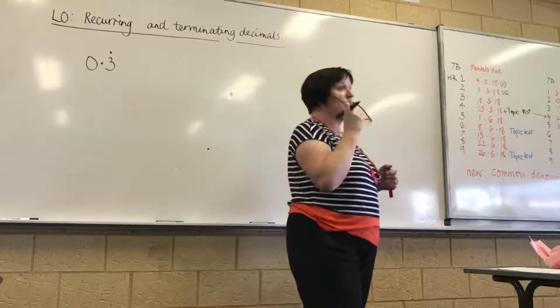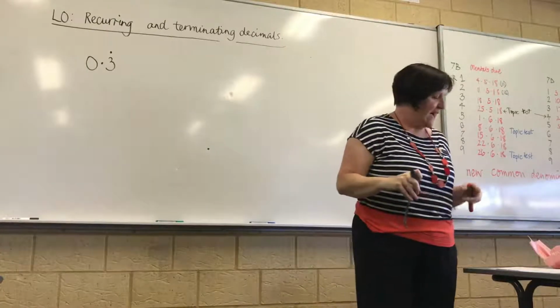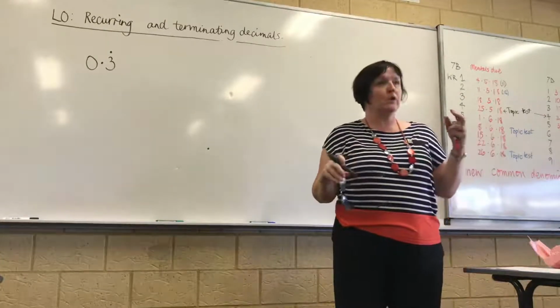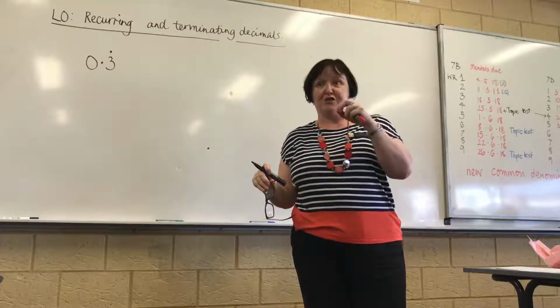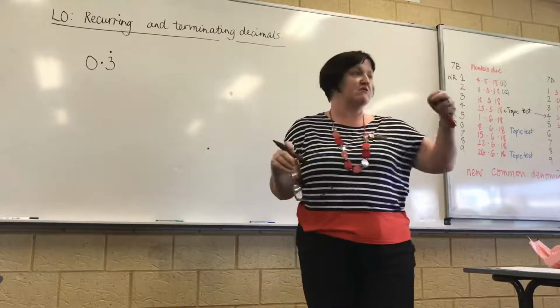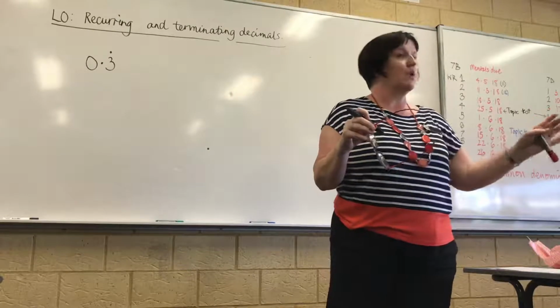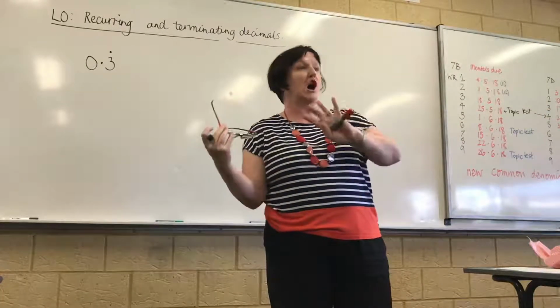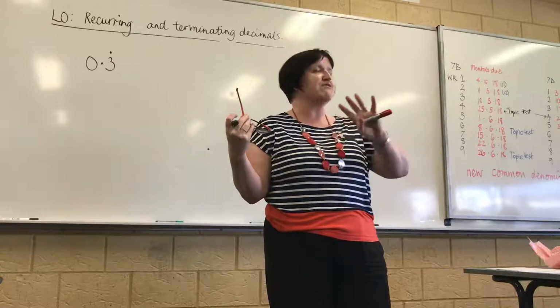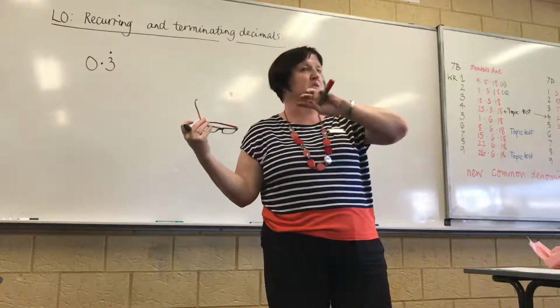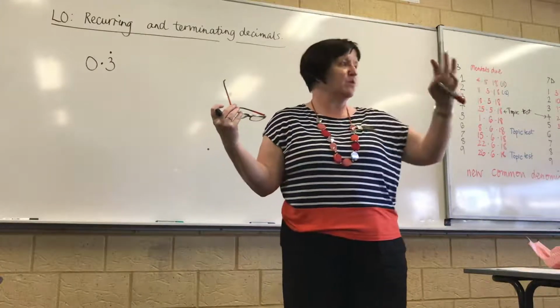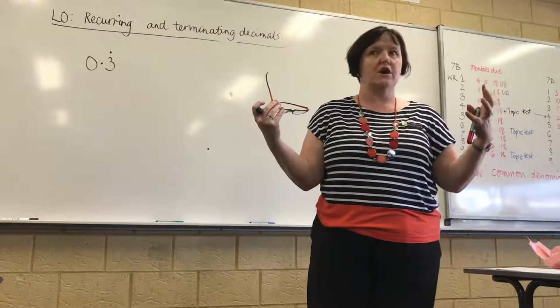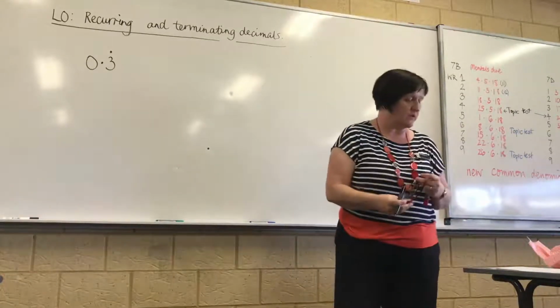We know that 0.33333 is a third. What we're going to do now is prove why it's a third. Then you can see how it works with one that you already know, and then we'll move on to ones that you don't know the answer to.